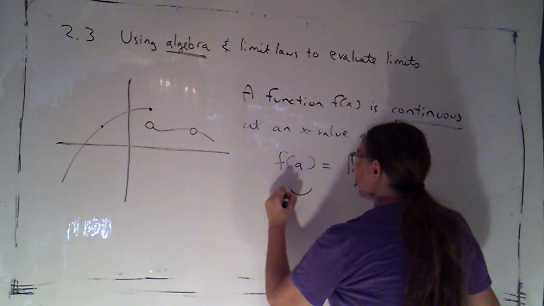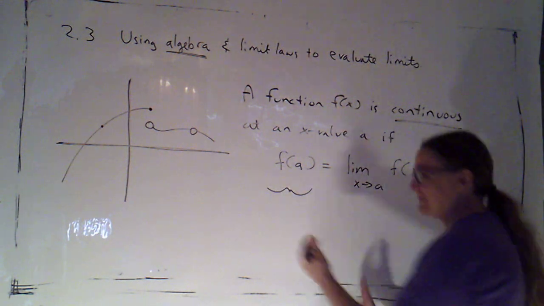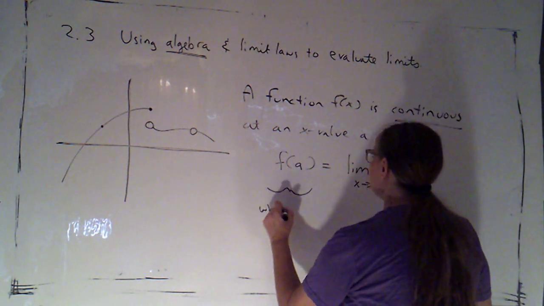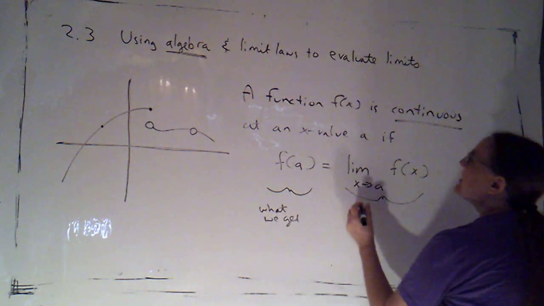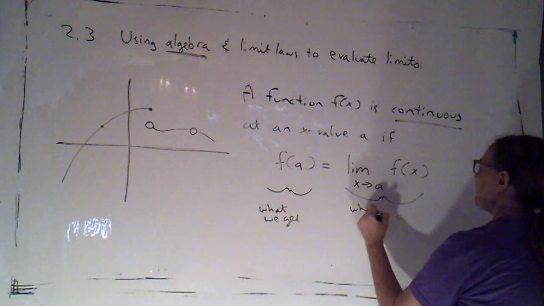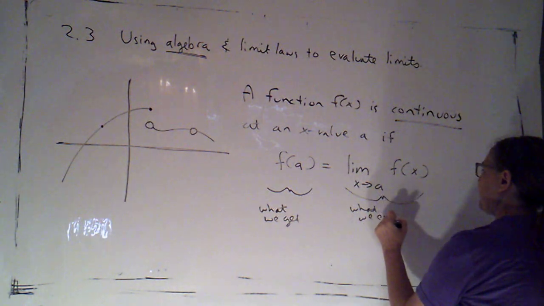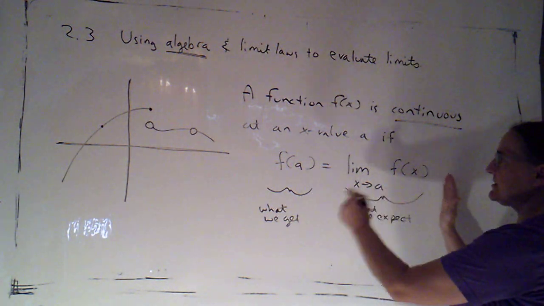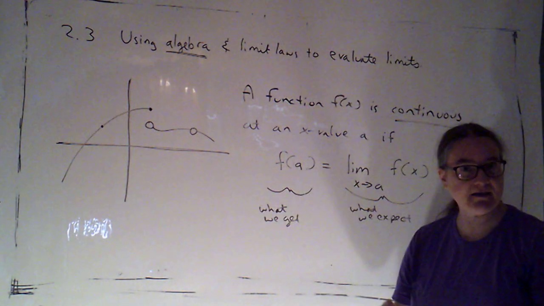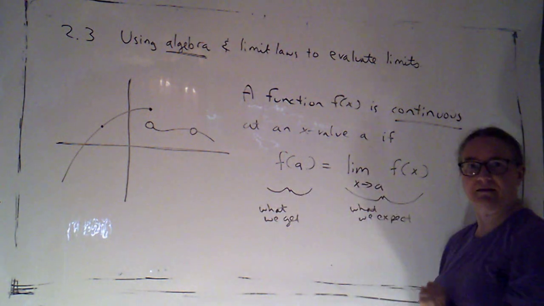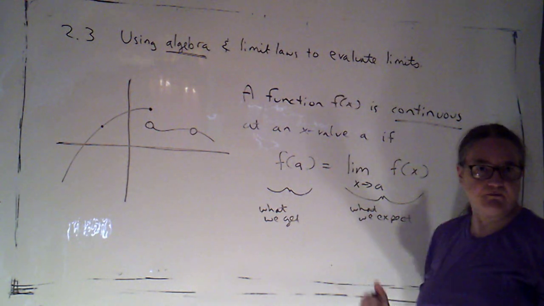I remember this definition by that informal way of saying it. What we get, that's just the function value. What we expect, that's just the limit. Now, obviously, for this equation to be true, the function value has to exist. The limit has to exist, and they have to be the same.